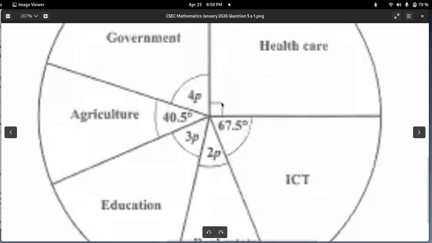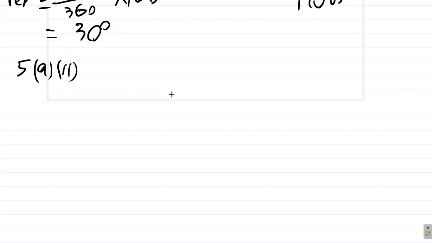So, let's add all of these angles starting at the 90 degrees. 90 for healthcare.